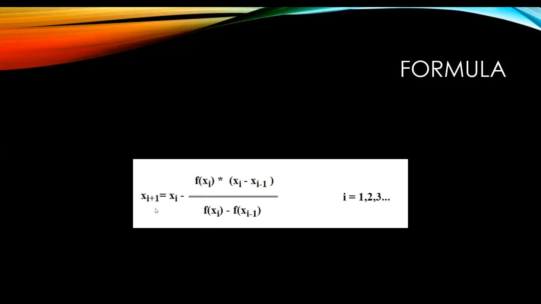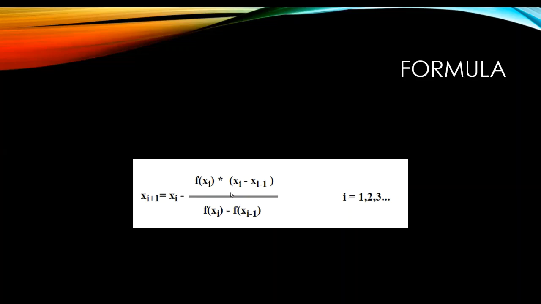And then x sub i plus 1 is the result of the first two values. On the next iteration, your previous x sub i will be the x sub i minus 1 for the second iteration, and the current x sub i plus 1 will be the x sub i for the next iteration.